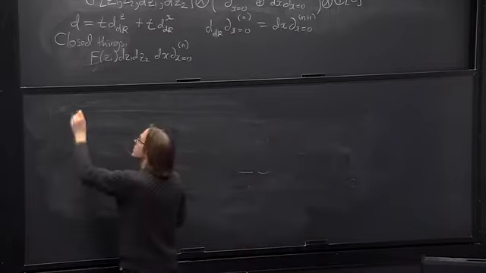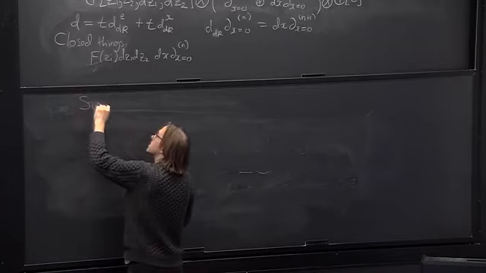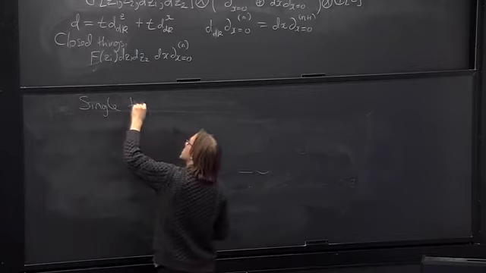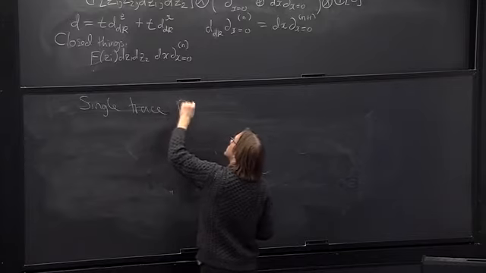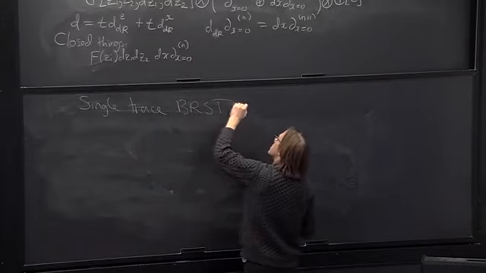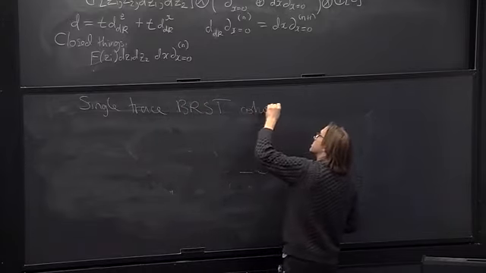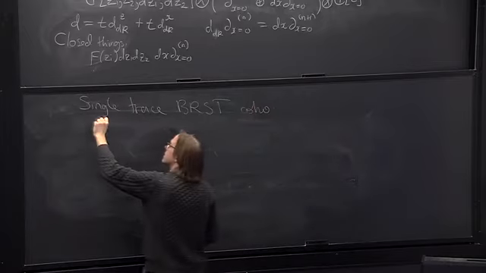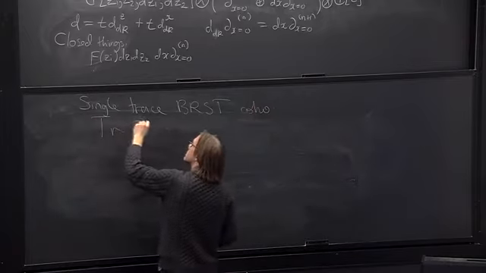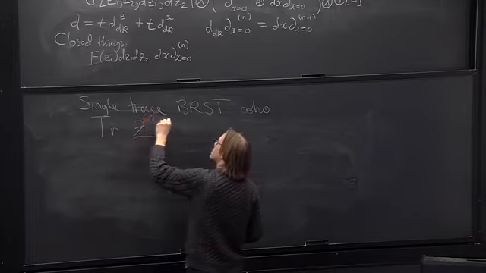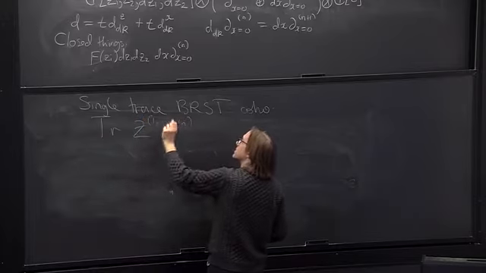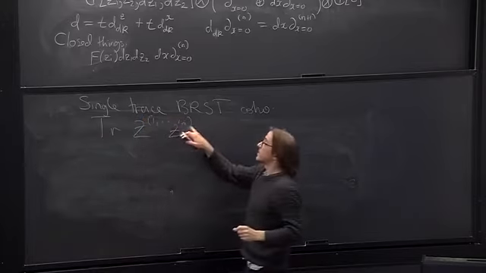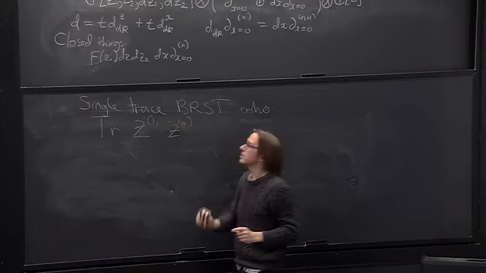So, single trace BRST cohomology. Well, we have things like trace Z^(I1,...,IN), where the brackets indicate that these are symmetrized.